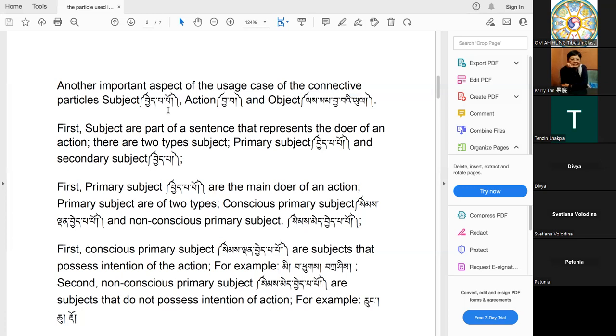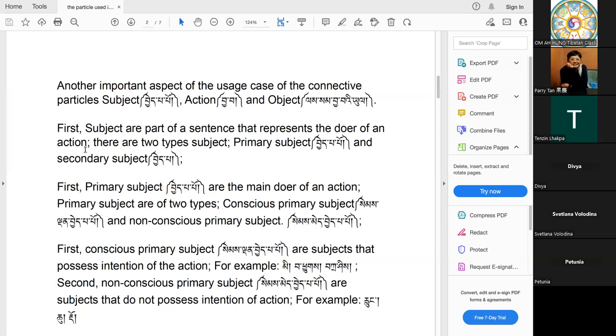Okay, from this point onward, we will be going even more technical with everything. First, a subject is part of a sentence that represents the doer of an action. So the subject, or chebapo, is nothing but a part of a sentence.